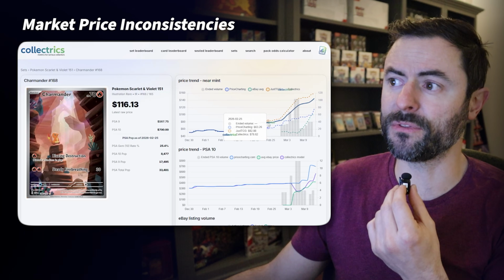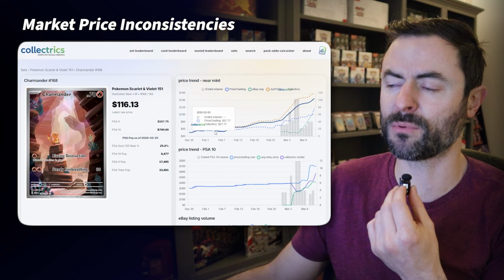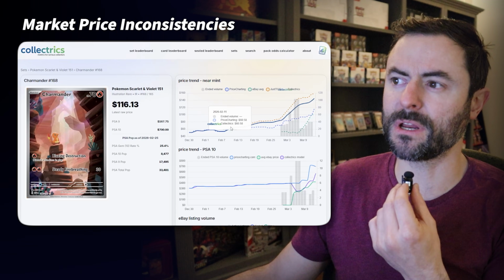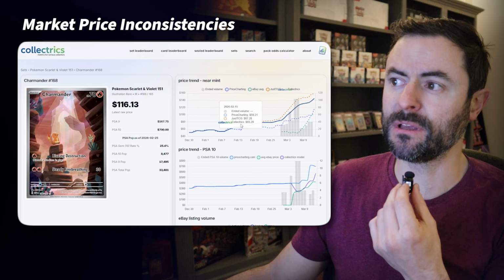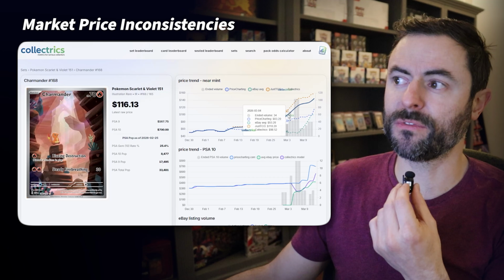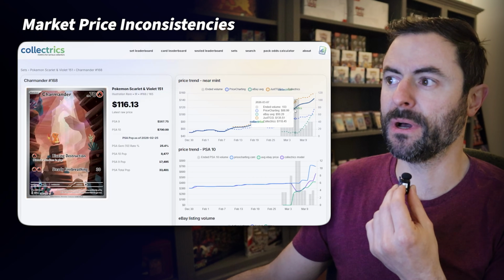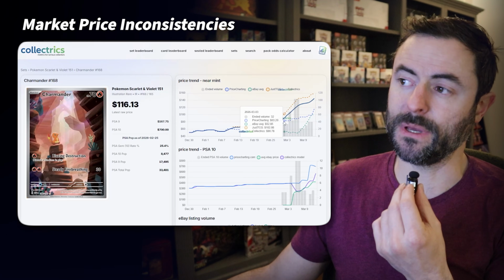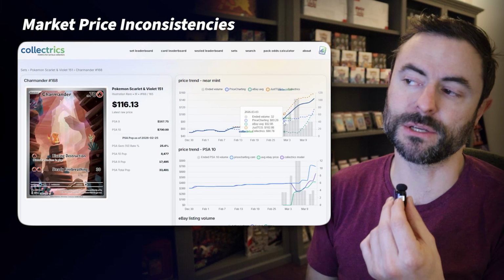You can see now this Collectrics price, where it used to be pretty much just the PriceCharting price. Since I've included this new data going back 30 days for just TCG, I've weighted that to be a little more aggressive for now towards that source, but using the other data sources that I have to normalize that a bit, and also to make certain guardrails around daily price changes and things like that.